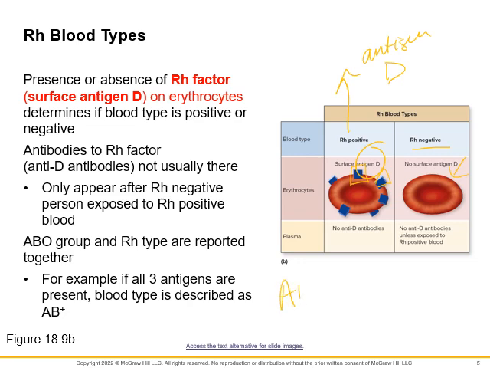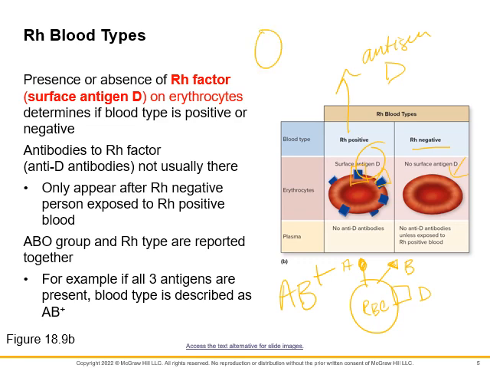So you'll see, we'll say somebody is AB positive. So if I saw that red blood cell, it would have A antigens, B antigens, and then would also have D antigens. So if you're AB positive, you're expressing all 3 antigens.